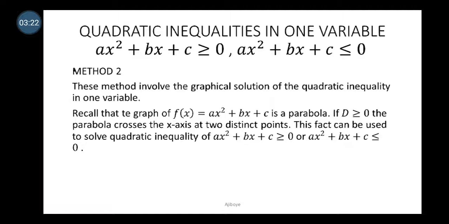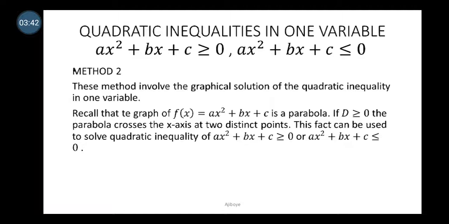Recall that the graph of f of x equals ax squared plus bx plus c is a parabola. That is, if D is greater than or equal to 0, the parabola crosses the x-axis at two distinct points.